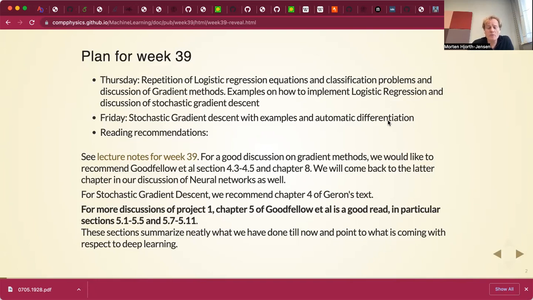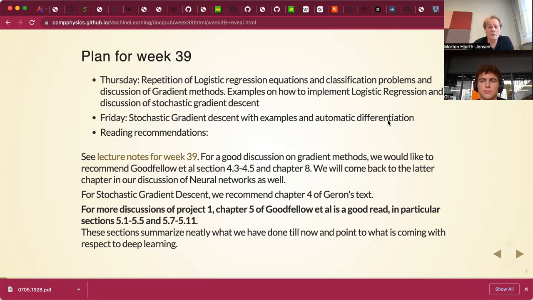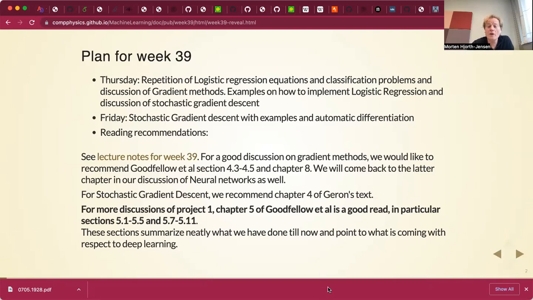The focus will also be on stochastic gradient descent and different ways of finding the optimal learning rate. So many of the technicalities which we are going to see both today and tomorrow deal with ways to tune the learning rate.